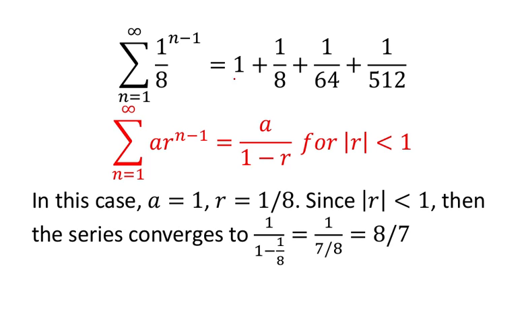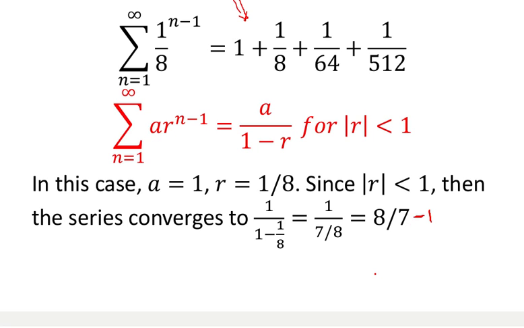And now just don't forget that this series assumes this 1 here. Now this is 1 more, so we'll have to subtract 1 from our final answer. This is what the actual previous one would converge to, which would be 1/7.